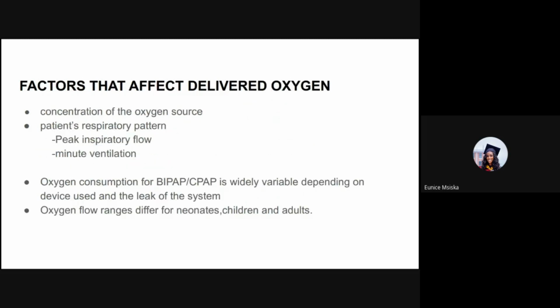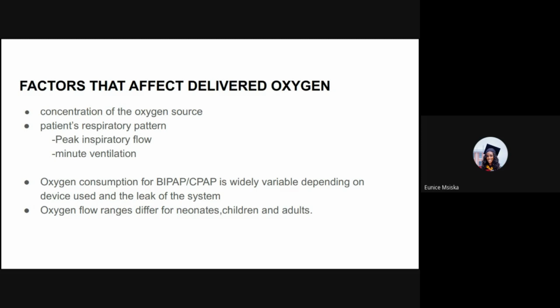So factors that affect the delivered oxygen will depend on the concentration of oxygen source and also the patient's respiratory pattern. On the pattern, we're looking at the peak inspiratory flow, which is the maximum flow generated during a forced inspiratory maneuver, and also minute ventilation.